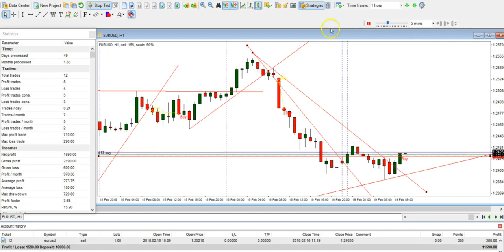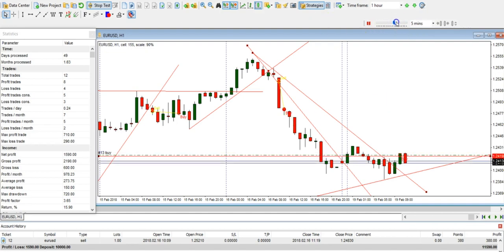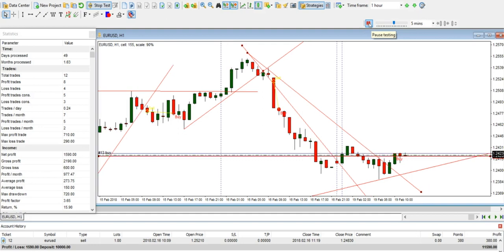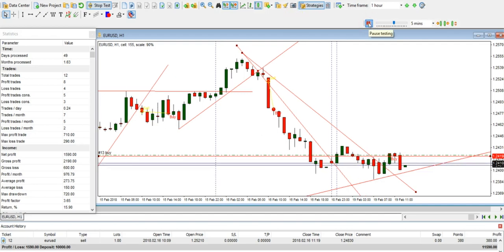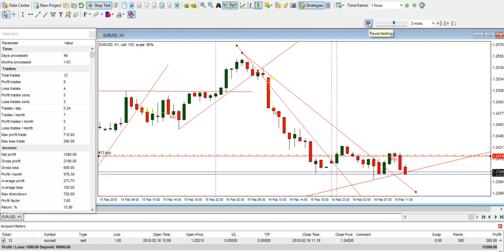We're in a buy trade. We're just going to speed this up. Okay, so slow this down. This is the first penetration of the sell line.